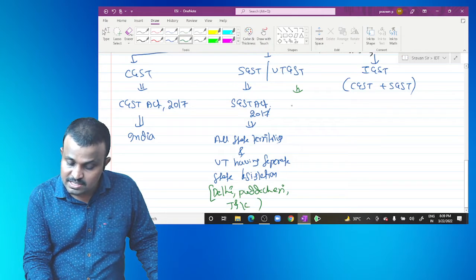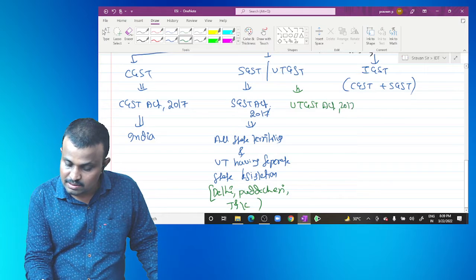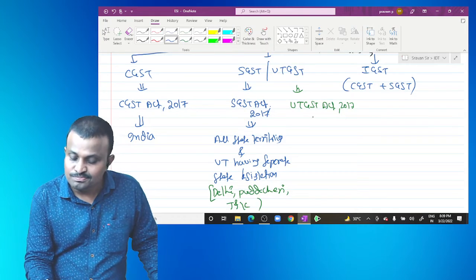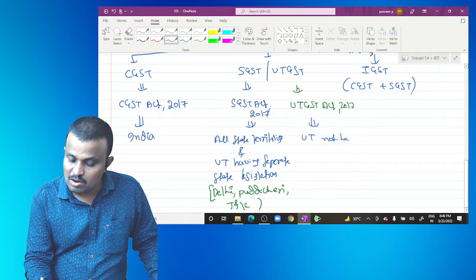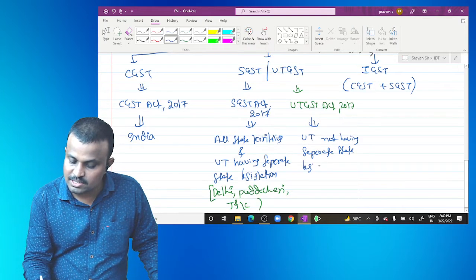Next, UTGST is levied as per the UTGST Act 2017. It applies to union territories not having separate state legislation.